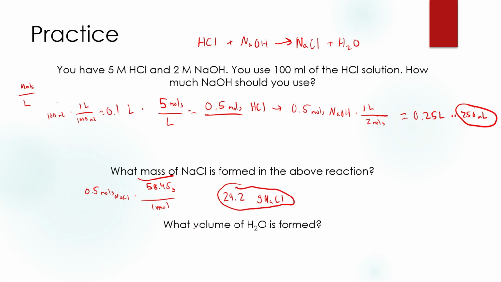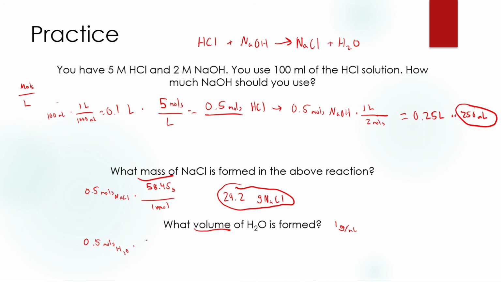Last one asks what volume of H2O is formed. Now, normally, if we were doing a volume of a liquid, I would have to give you the density, but the density of water is 1 gram per milliliter, so that makes everything pretty easy. We need 0.5 moles of H2O, and since we're using the density to eventually get to volume, that means we're going to need a mass first.